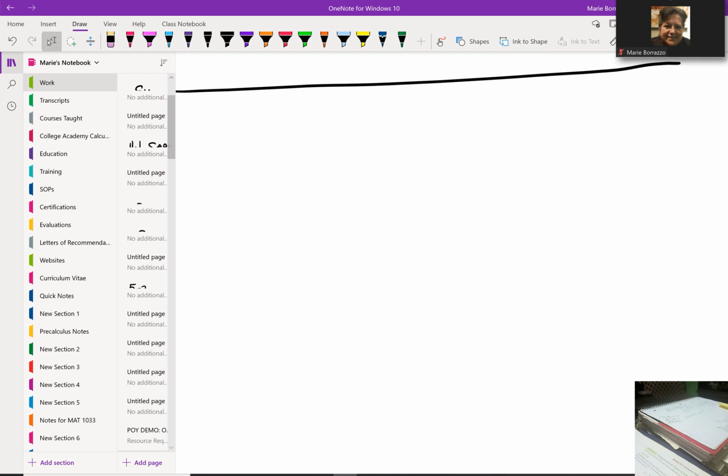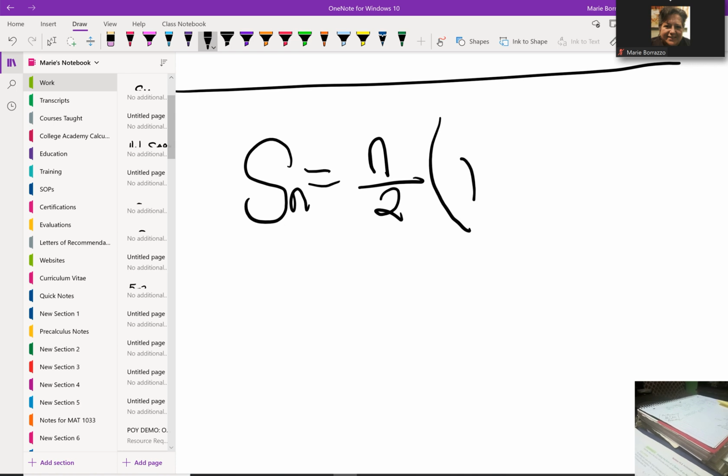There is a set of formulas next that I need to talk to you about. The formula is S sub n is equal to n over 2 times a sub 1 plus a sub n. This is the sum of the first n terms.